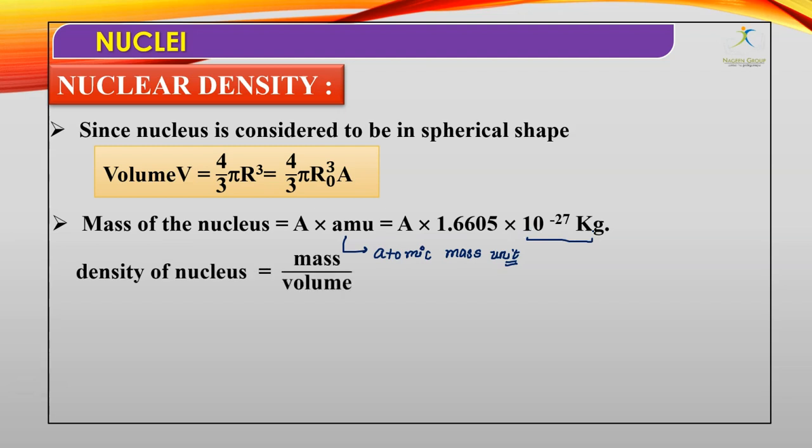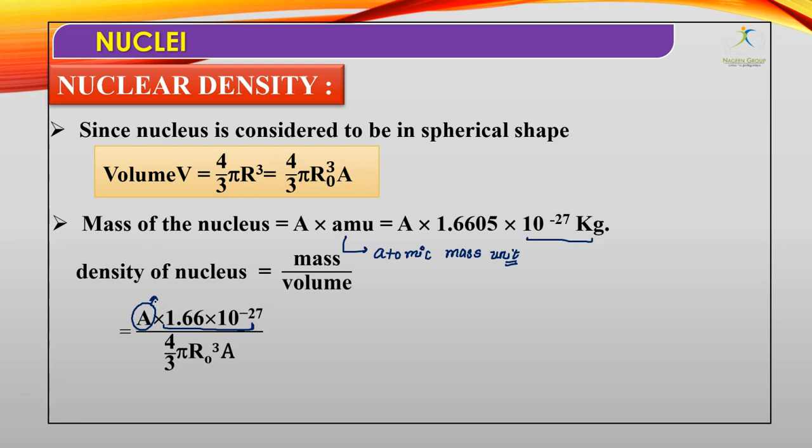Density of the nucleus: the formula we know is mass by volume. So the mass of a particular particle is 1.66 × 10^-27 kg, and if we have n number of particles, we just multiply by n.